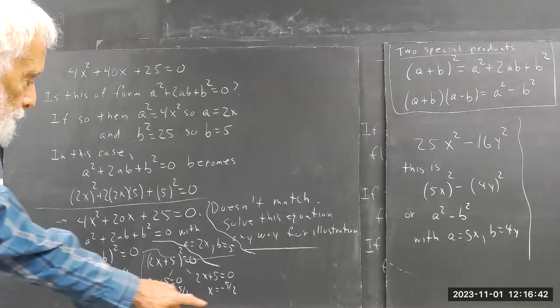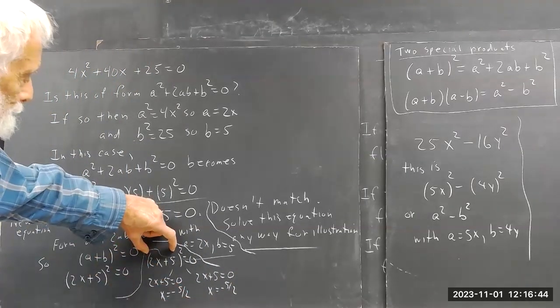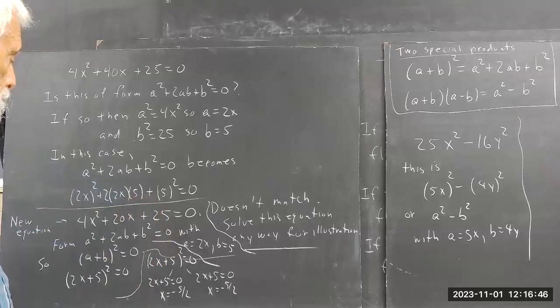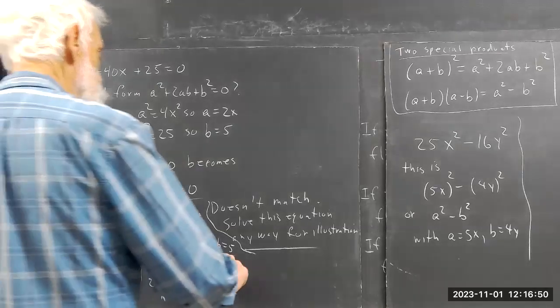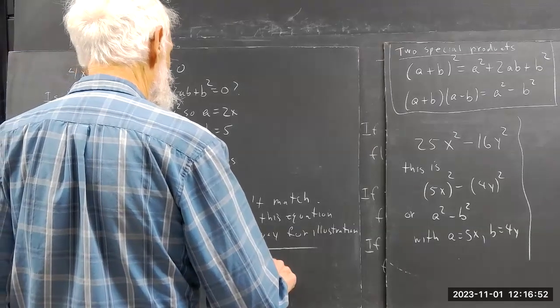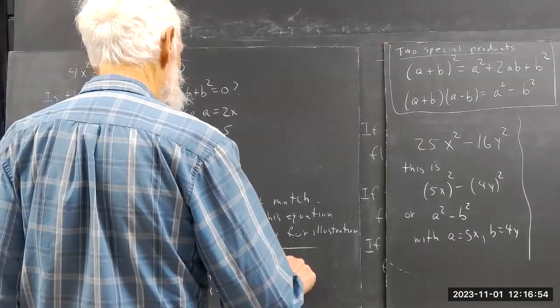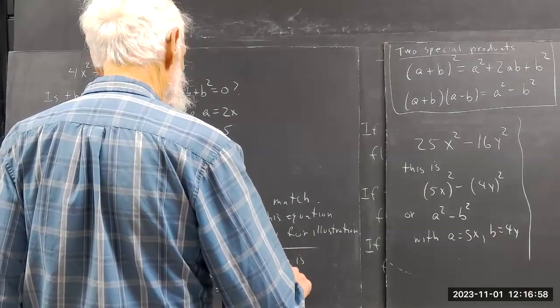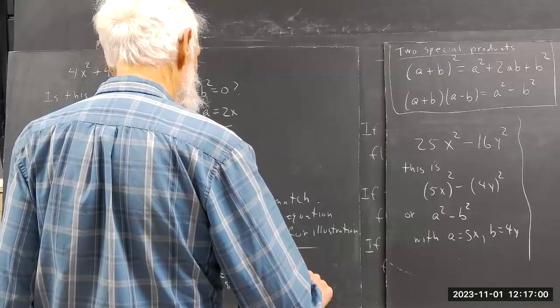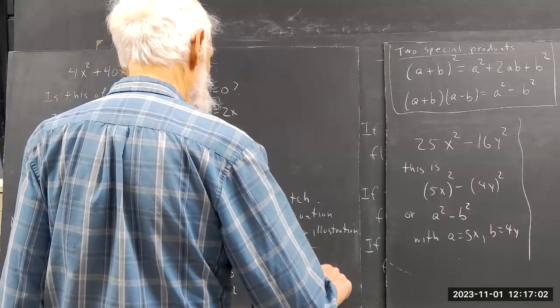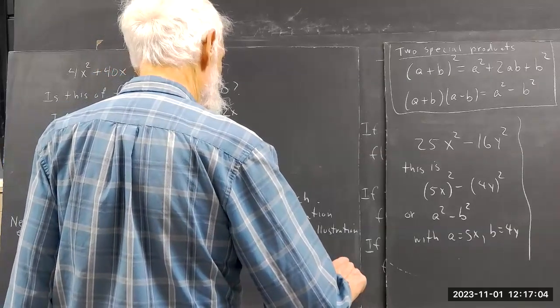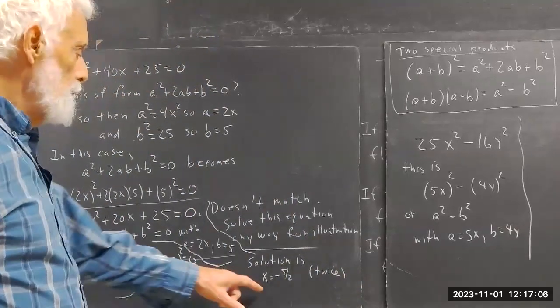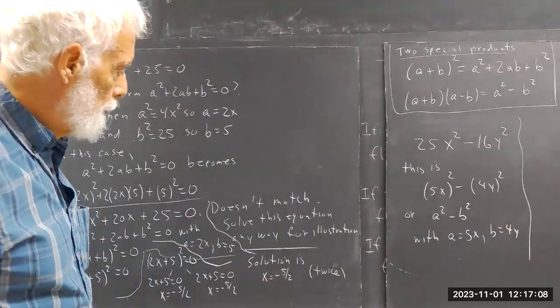Of course, I get the same number because I'm squaring this thing. Okay, so the solution is x equals negative 5 halves.